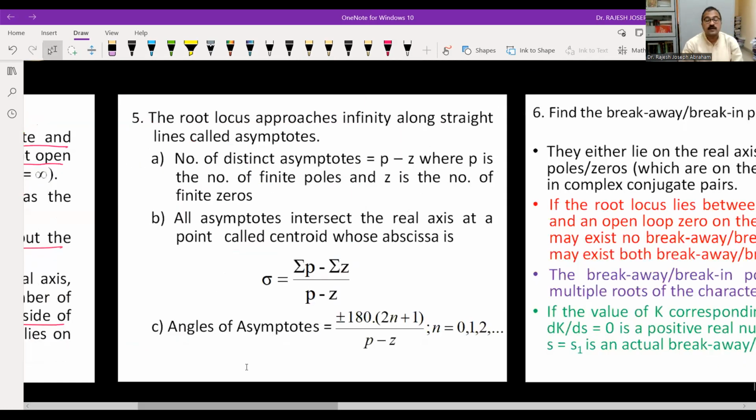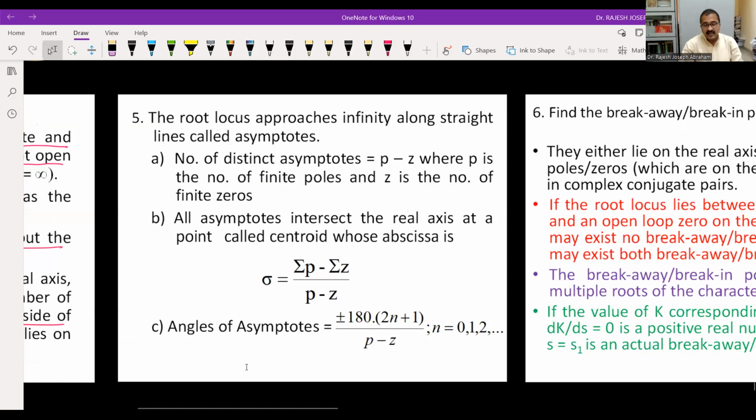Now, what next? Root locus approaches infinity. Once it is along the real axis, it is guided, but once the root locus starts leaving the real axis of the S-plane, it should be guided by straight lines called asymptotes. How to find the number of asymptotes? It is given by P minus Z, where P is the number of finite poles and Z is the number of finite zeros. All these asymptotes will meet the real axis at a point called the centroid, whose x coordinate is given by sigma p minus sigma z divided by p minus z.